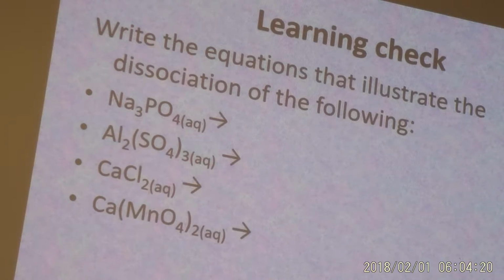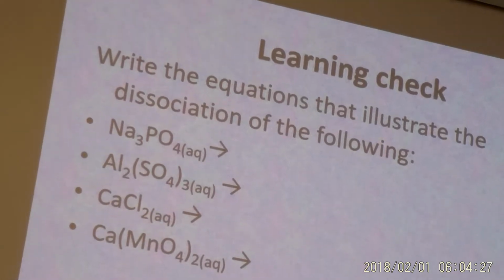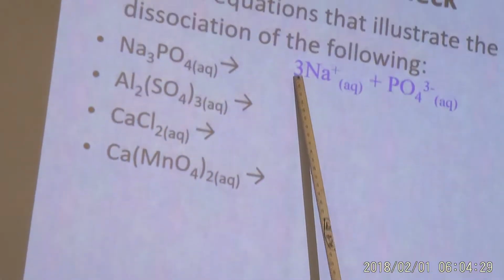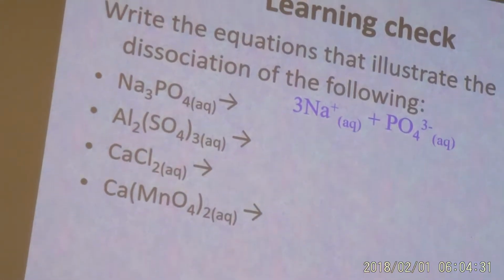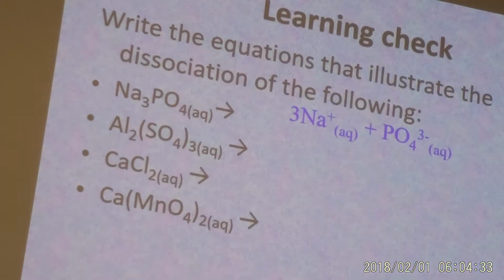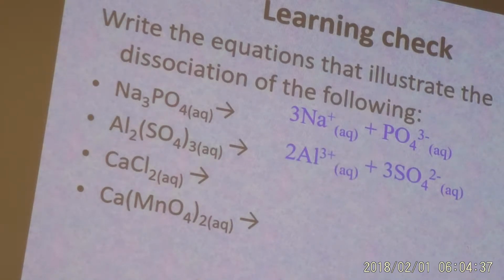Okay, did you get them? Let's see. Now, we're trying to learn how to do a bookkeeping thing here. We have to make sure that you had 3 sodium ions and 1 phosphate ion. Who got that right? Raise your hand if you got that right. Excellent. And this next one, did we get it? Anybody forget the 2 and the 3?